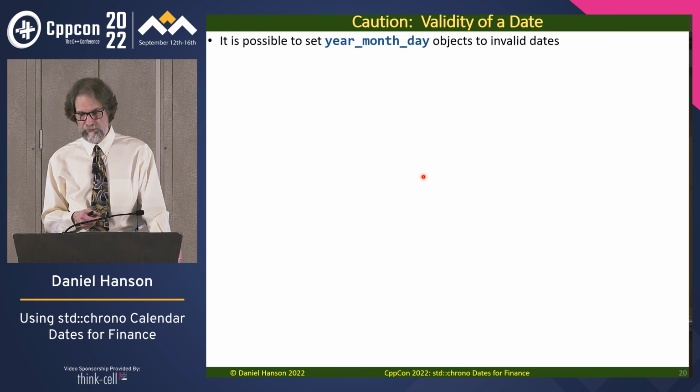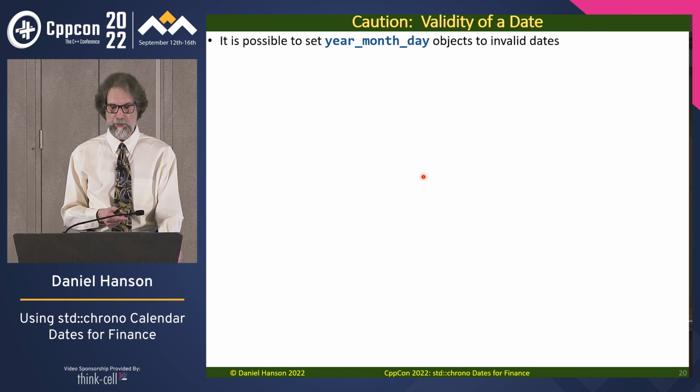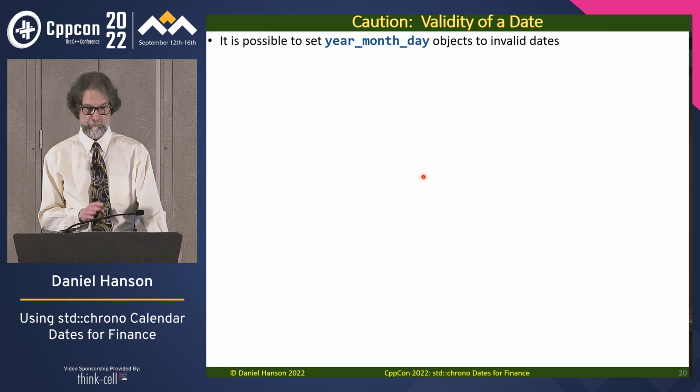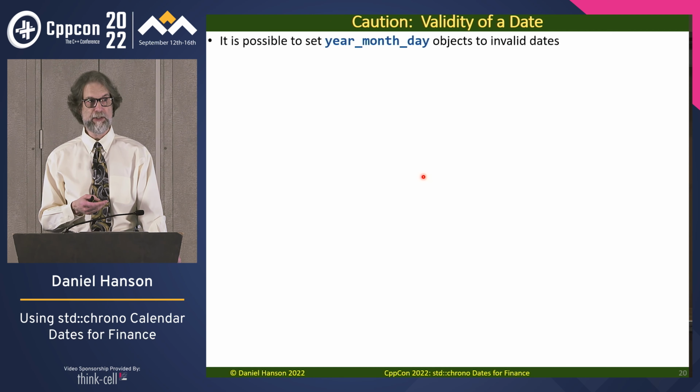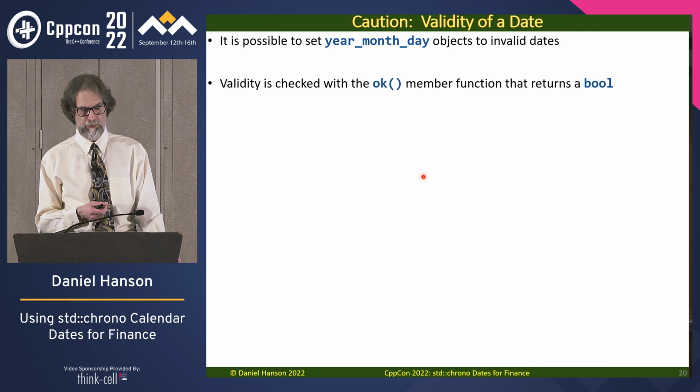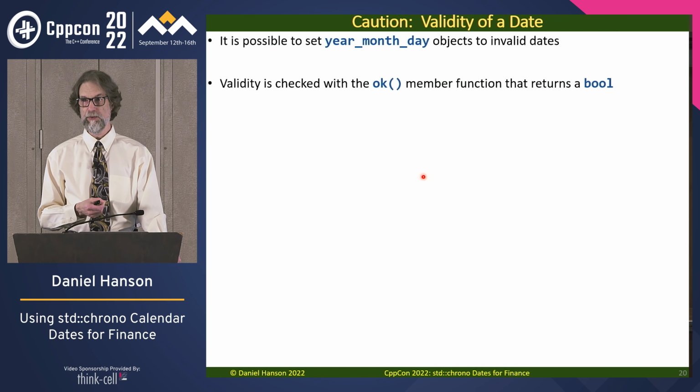One thing you need to watch out for, though, is it is possible to construct an invalid date. This is probably by design, so it doesn't throw an exception automatically if it's a wrong date. But it's left up to you, the programmer, to check. And the way you do this is with the ok member function on the std::chrono::date class.